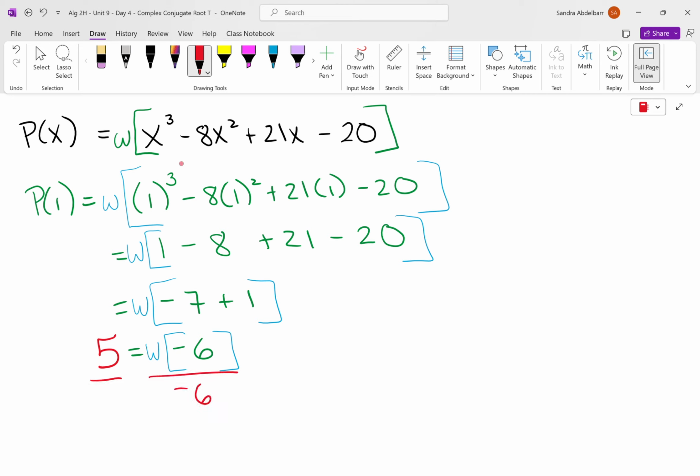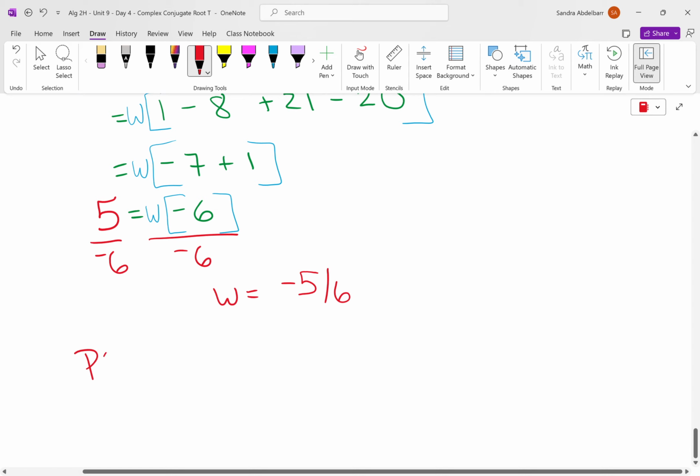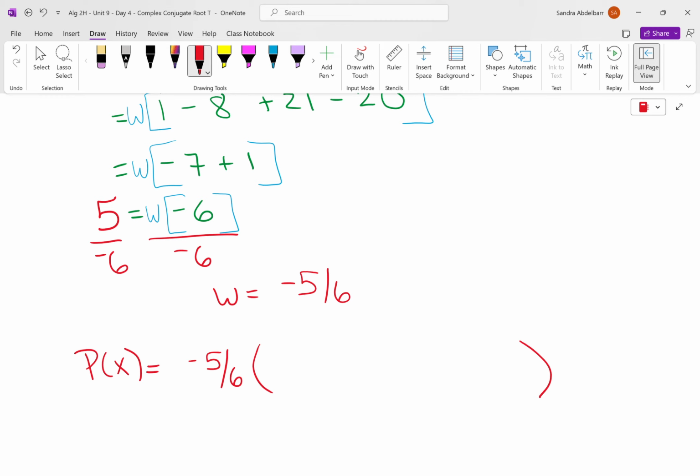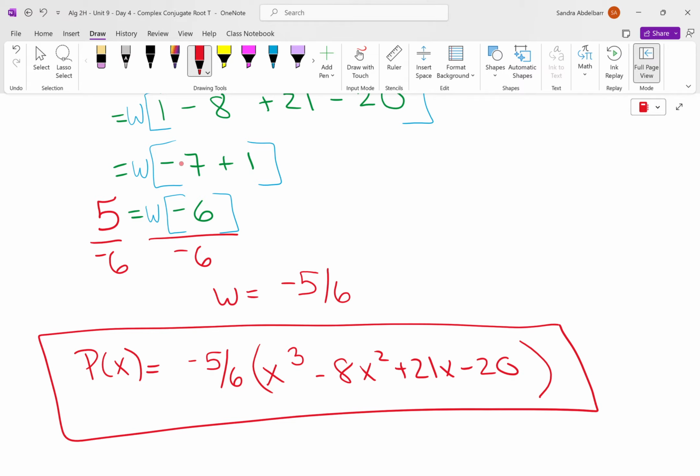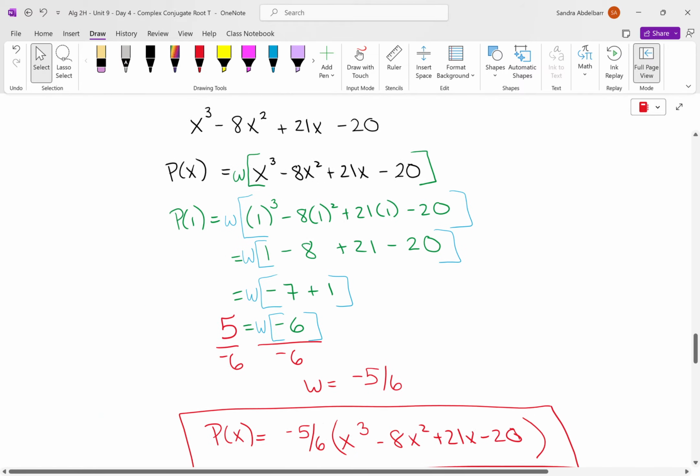So this has to equal 5. Can I solve for W? I sure can. Divide by negative 6. So W is equal to negative 5/6. So my polynomial function, P of x, is going to be negative 5/6 times the quantity of x to the third minus 4x squared plus 5x minus 4x squared. Oh, sorry. That was my unsimplified one. X to the third minus 8x squared plus 21x minus 20.